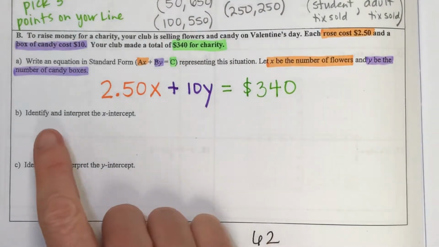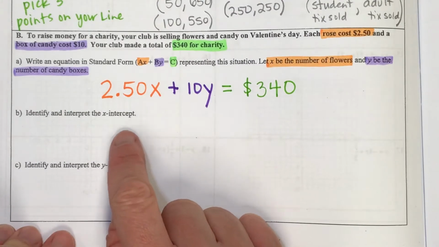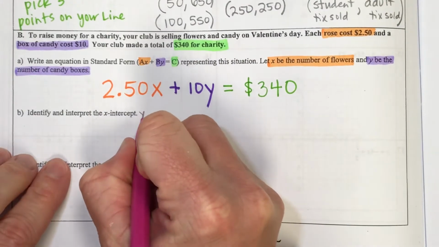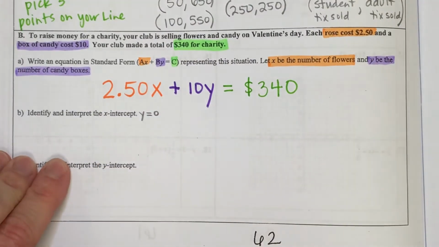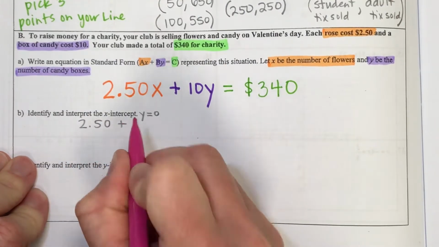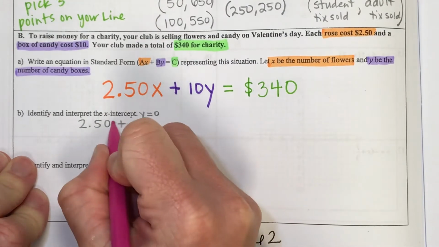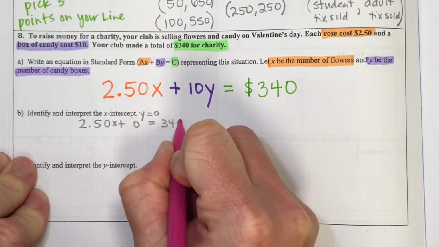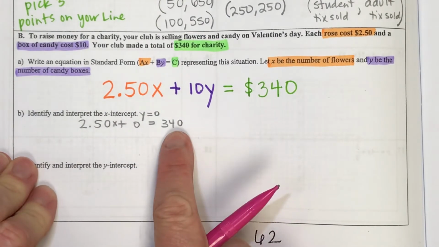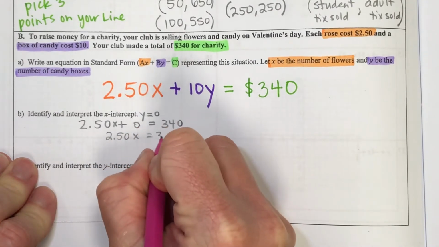Now I'm going to identify my x-intercept and then also interpret what that means. To solve for my x-intercept, I'm going to substitute y equal to 0 into my function, meaning $2.50x plus nothing, because 10 times 0 is 0, equals 340.